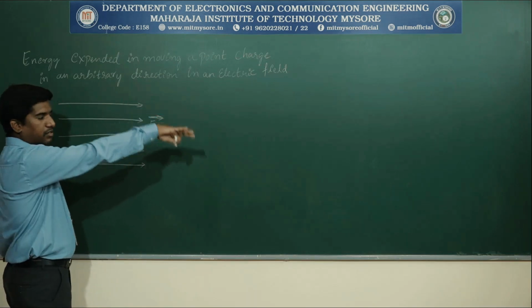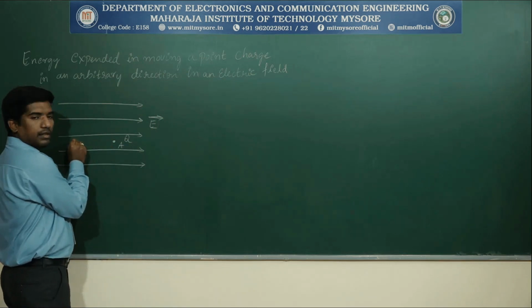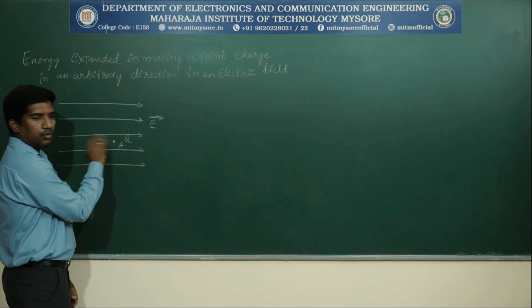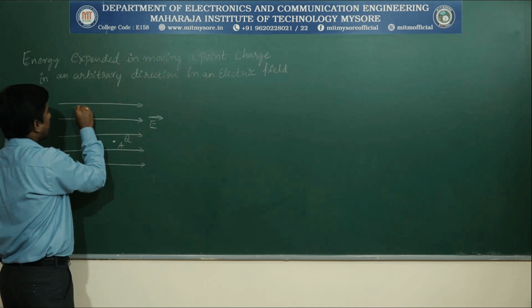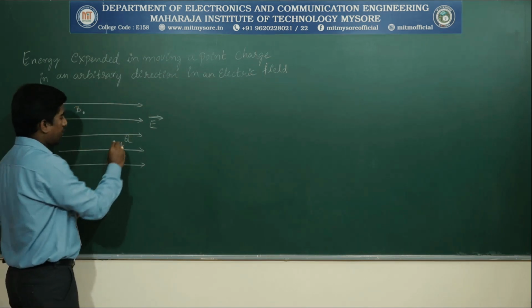In the previous section, while defining potential difference, we had taken point B normal to point A. Now, point B is chosen arbitrarily inside this electric field.